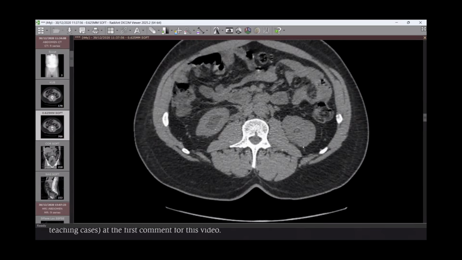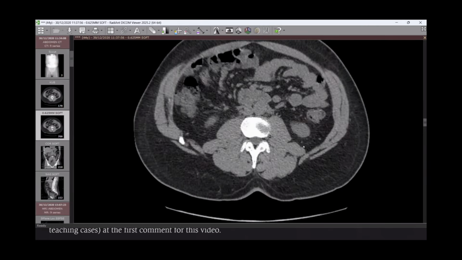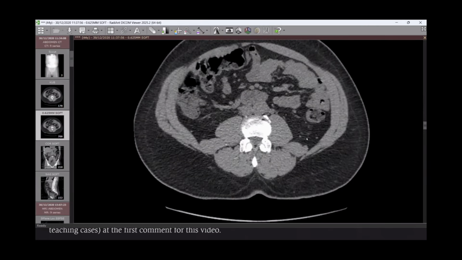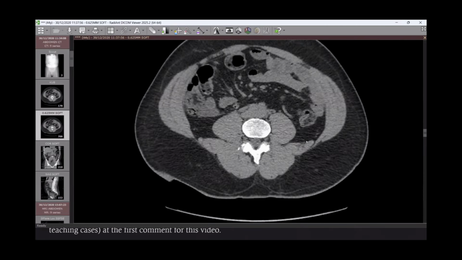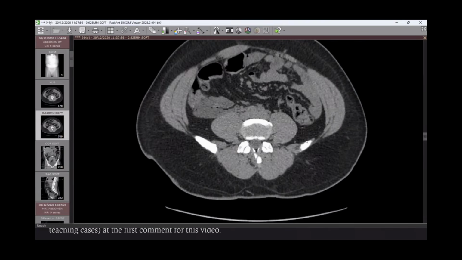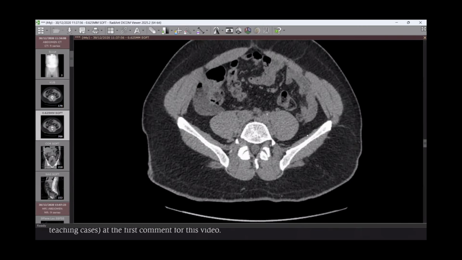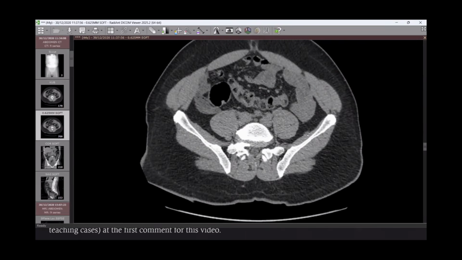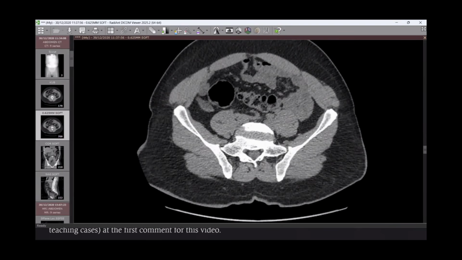On the unenhanced study, I'm looking for any calculi in the bilateral renal or ureteric locations. Can you move more superiorly? In the pelvis, yes, the pelvis is free.